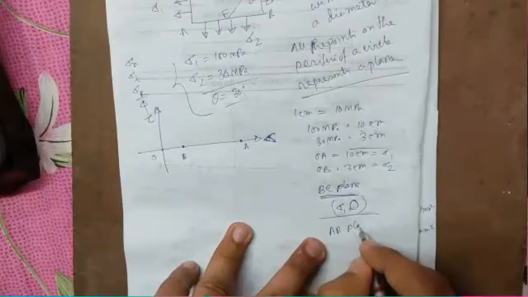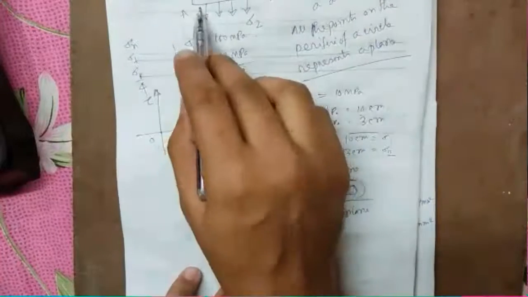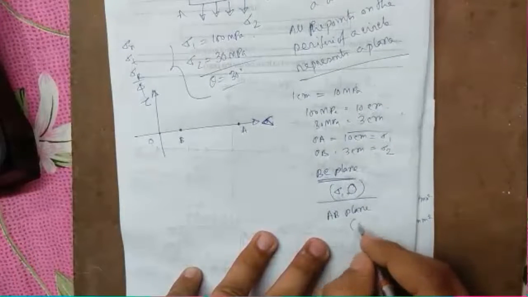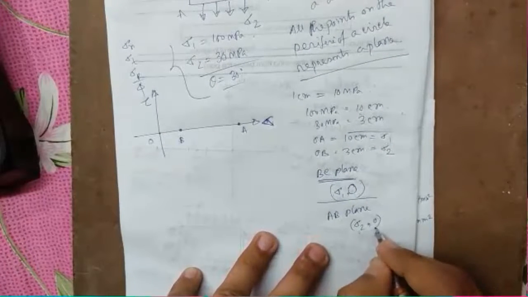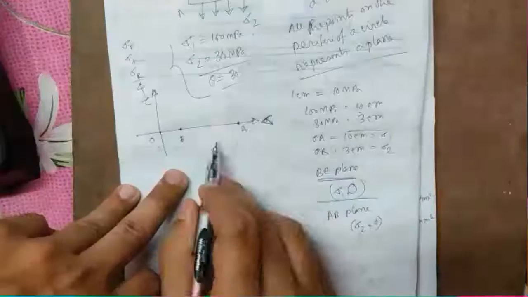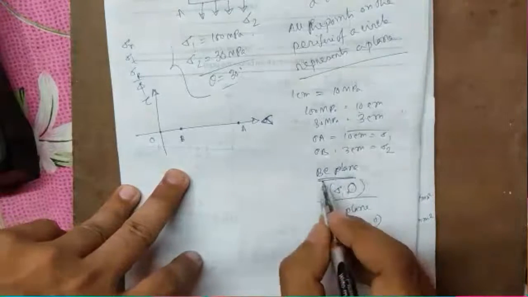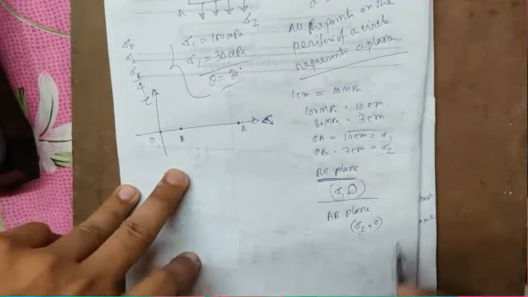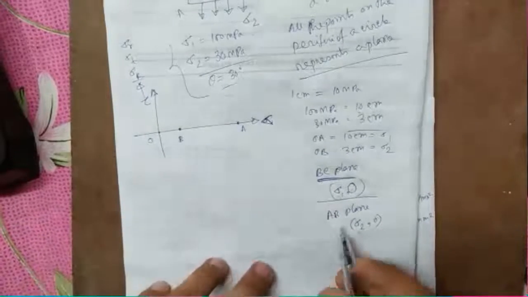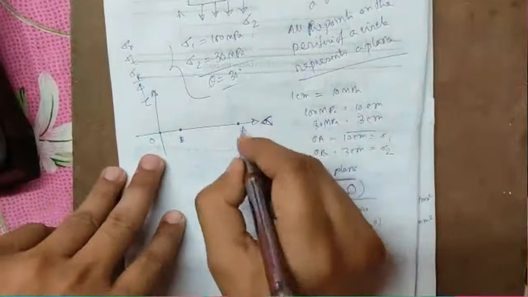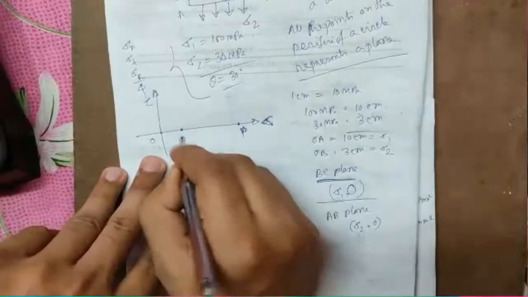In AB plane, no shear stress, so its coordinate will be sigma 2 comma 0. So these points are represented by A and B. A point represents BC plane, and B point represents AB plane.